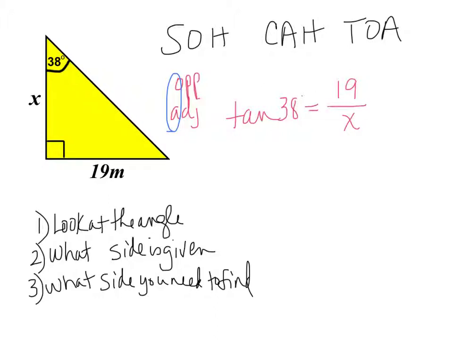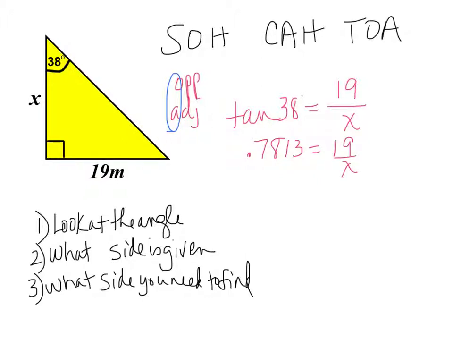Now the first thing you want to do is find the tangent of 38 degrees. This is where you need your calculator. The tangent of 38 degrees is actually 0.781285627, but I usually round it to the nearest thousandth. So tangent of 38 degrees is 0.7813. That's equal to 19 over x.